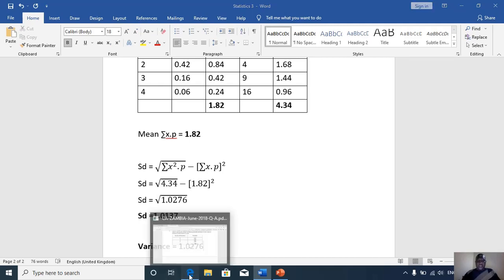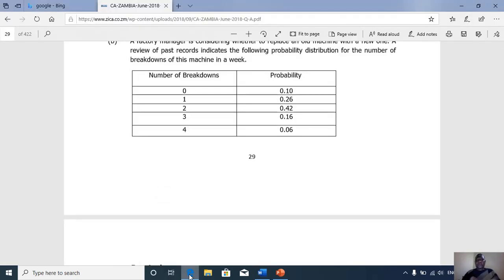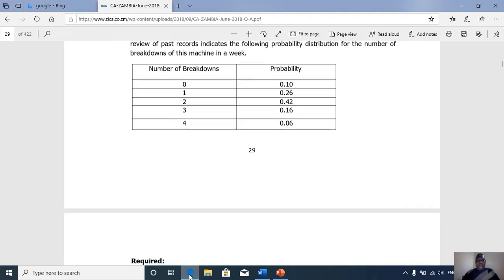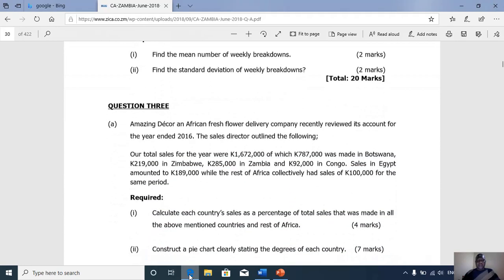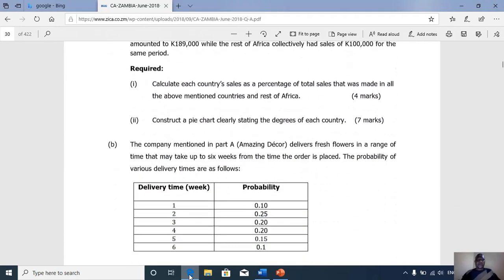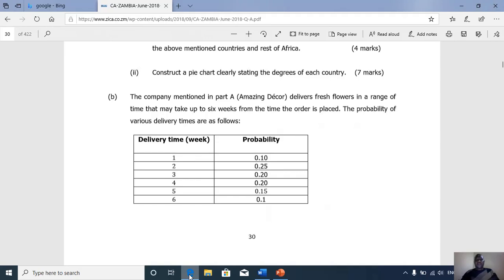The question we are looking at here had two questions on the same. So just scrolling down, question 3b was coming from the same thing. So you can attempt question 3b on your own. Let me just read through the question.